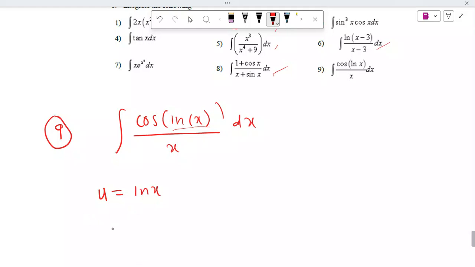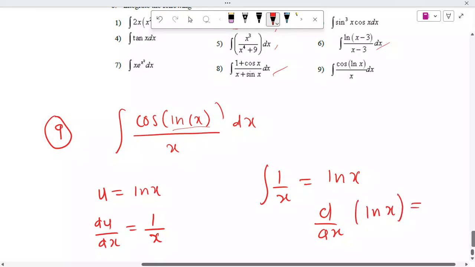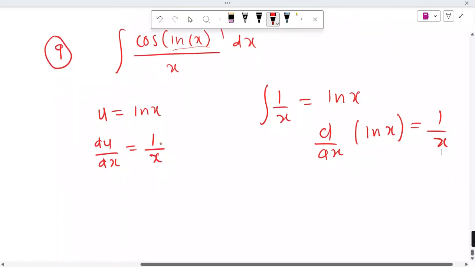Meaning if we differentiate with respect to x, du dx, differentiating ln x is 1 over x. If you remember, integrating 1 over x gives you ln x. If you differentiate this, it will give you 1 over x.